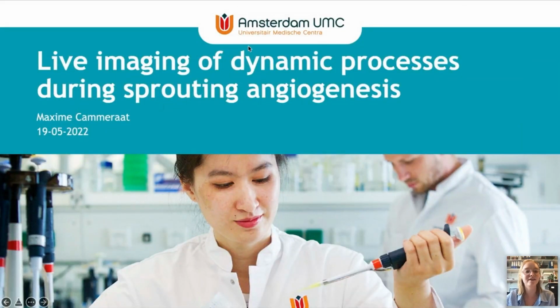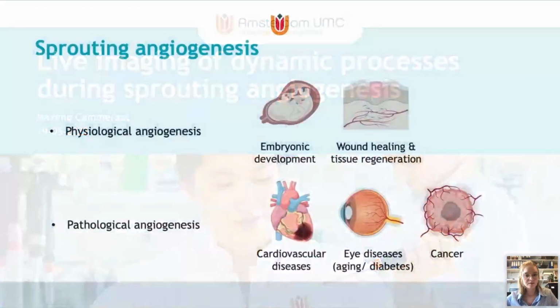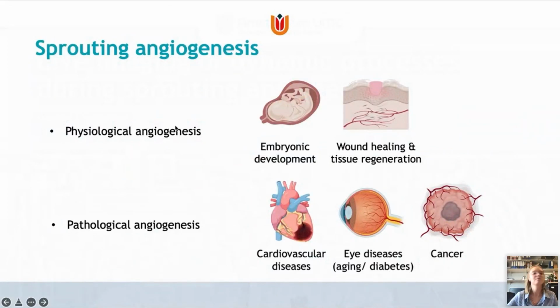I will give you a talk about the live imaging of the dynamic processes during sprouting angiogenesis. As Anna said, I'm Maxime Cammeraat and I'm working in the group of Koert Margedant at the CCA, part of Amsterdam UMC. First I will give a bit of an introduction on sprouting angiogenesis, which is the formation of new blood vessels out of existing ones.